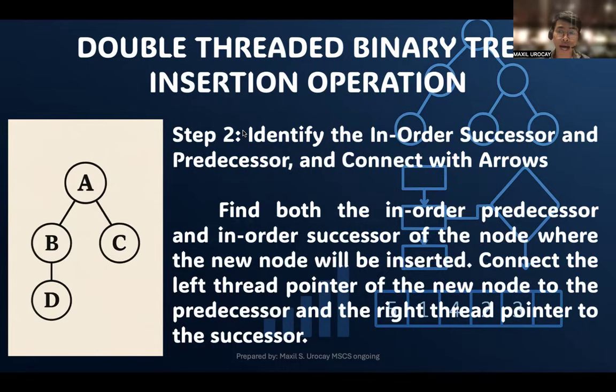So we have to find both the in-order predecessor and in-order successor of the new node, where the new node will be inserted. You have to connect the left thread pointer of the new node to the predecessor and the right thread pointer to the successor. So we'll begin to illustrate everything in a while in a different video also.